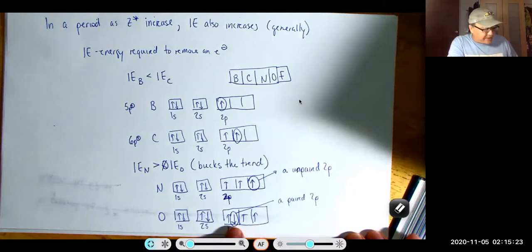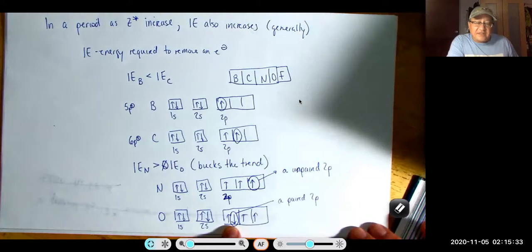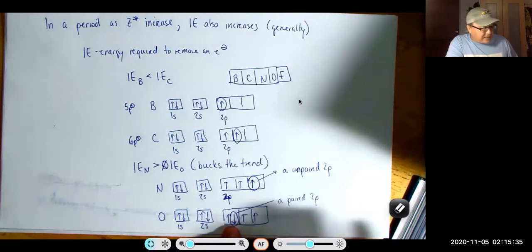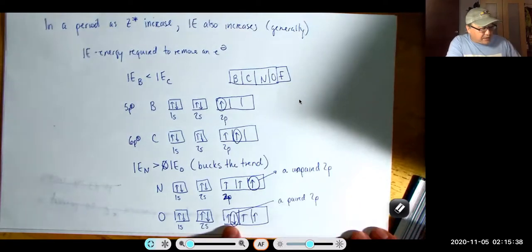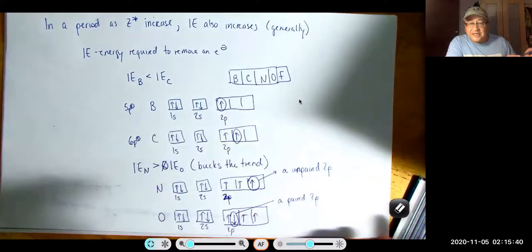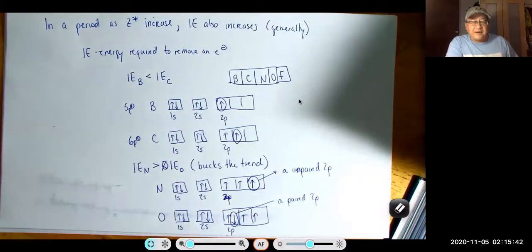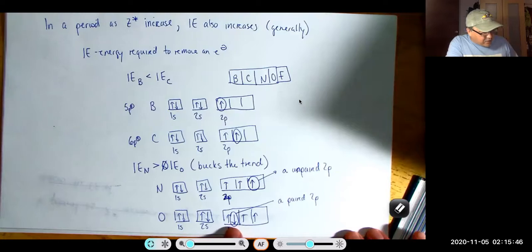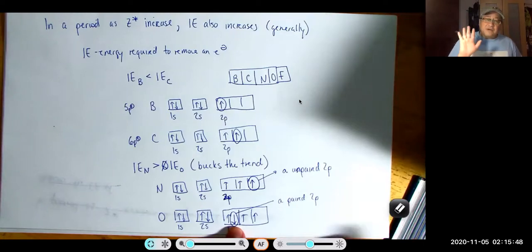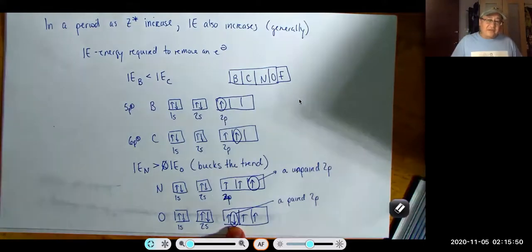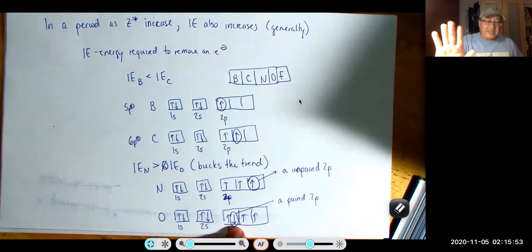Now, why would you take this one instead of one of these singles? And the answer is these two electrons repel one another. So putting another electron into an orbital, while it's okay, it's not ideal because the electrons repel one another. That's why we have Hund's rule where you put electrons into orbitals singly before pairing them, because pairing them is an energy cost. So here you got to think about this electron that we're taking out is already kind of being given the shove from the other electron, like, hey, just leave.